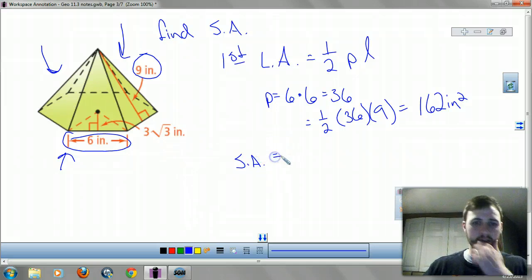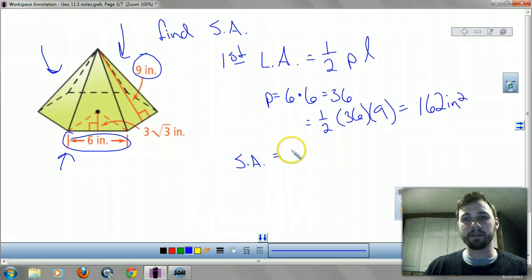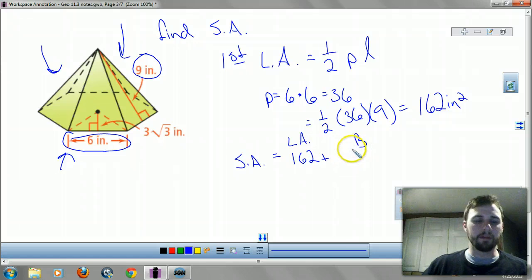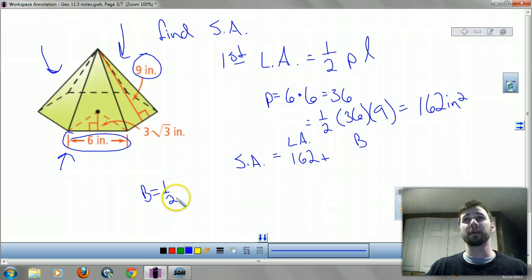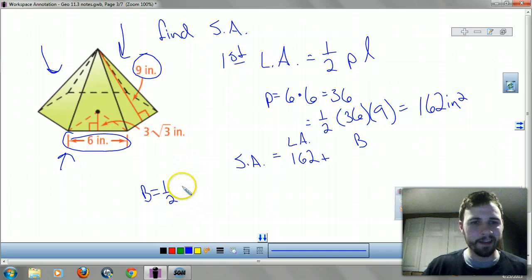Okay. Now we find our surface area. Okay, surface area is my lateral area, which is 162, plus the area of my base, right? What's the area of my base? Well, my B is 1/2 my perimeter times my apothem.